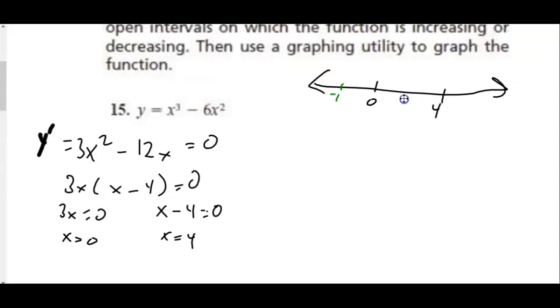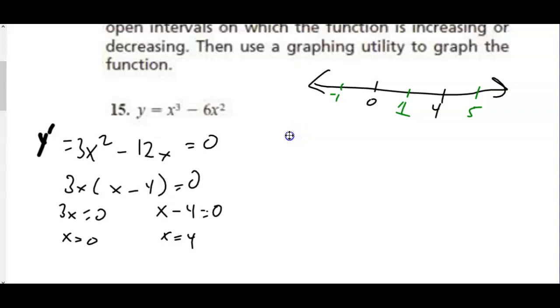Negative 1, I'll do 2, and 5. I'm not going to do 2, 2 is too hard. I'm going to do 1. Easiest numbers to work with, 0 and 1. All right, these are my test values. So I do the derivative.